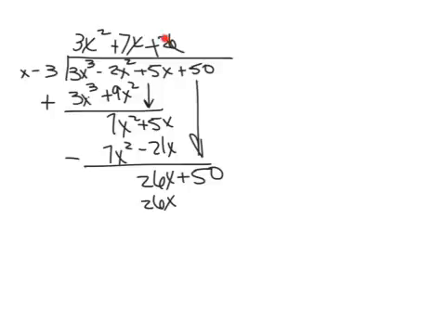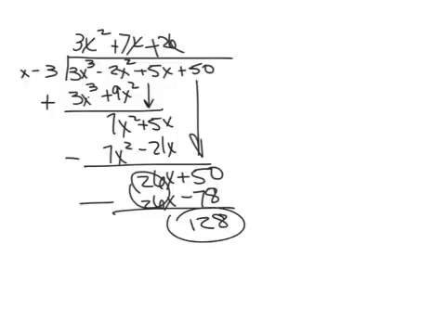Then we do 26 times negative 3, which is negative 78. Line, minus. Those give me 0. 50 minus negative 78 is 50 plus 78.